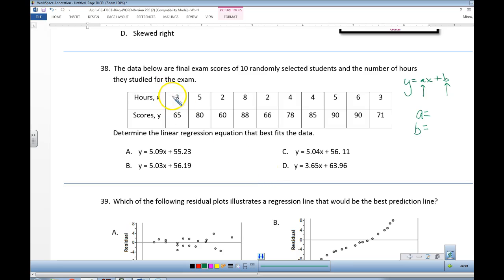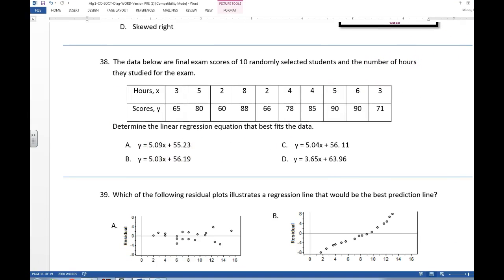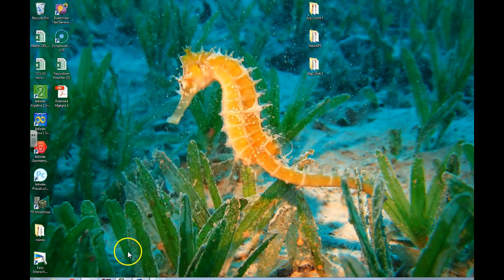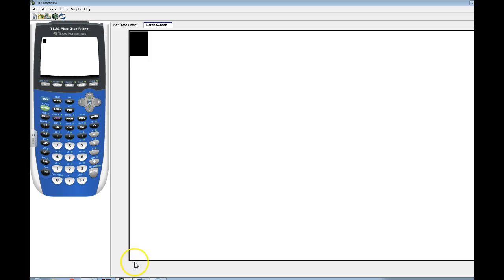So I've got to put this data in my calculator. If you remember, this is the x value. I'll put this in list 1. This is my y value. I'll put this in list 2. Then we're going to run regression. So let's go look at how we do that again. Pull up my calculator here. There's the calculator.